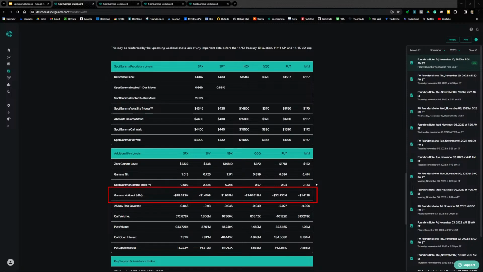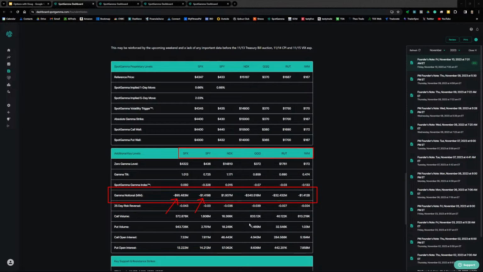All right, so this gamma notional negative for every index product here except NDX, which I really don't look at. So SPX, gamma notional shifted back to negative. SPY, gamma notional became much more negative. That's 1.42 billion. So again, they all became more negative.